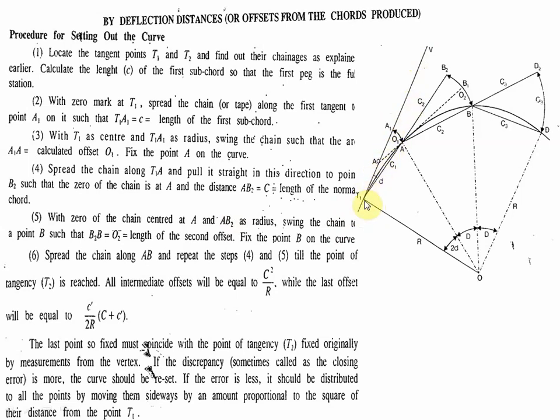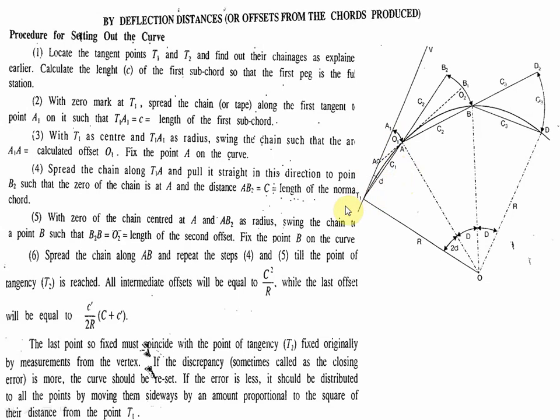Here, to mark out the first point A, first spread the chain along this T1A1. The length of T1A1 is equal to the calculated length of the first subchord. You have already calculated the length of the first subchord C1, so this length of T1A1 should be equal to C1.